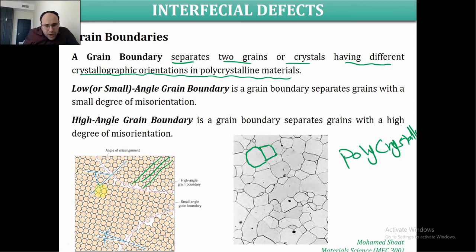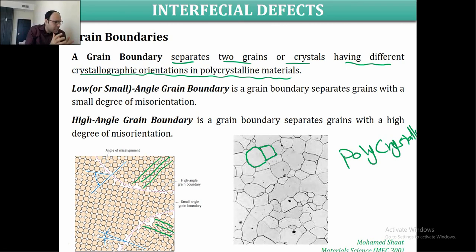If you look at the other atoms, like these atoms, they are oriented differently. This is a plane of atoms, this is another plane of atoms, another plane of atoms. So as you can see, this cluster of atoms is arranged this way. And this other group is arranged forming crystallographic planes over this direction. So these are two different crystallographic directions.